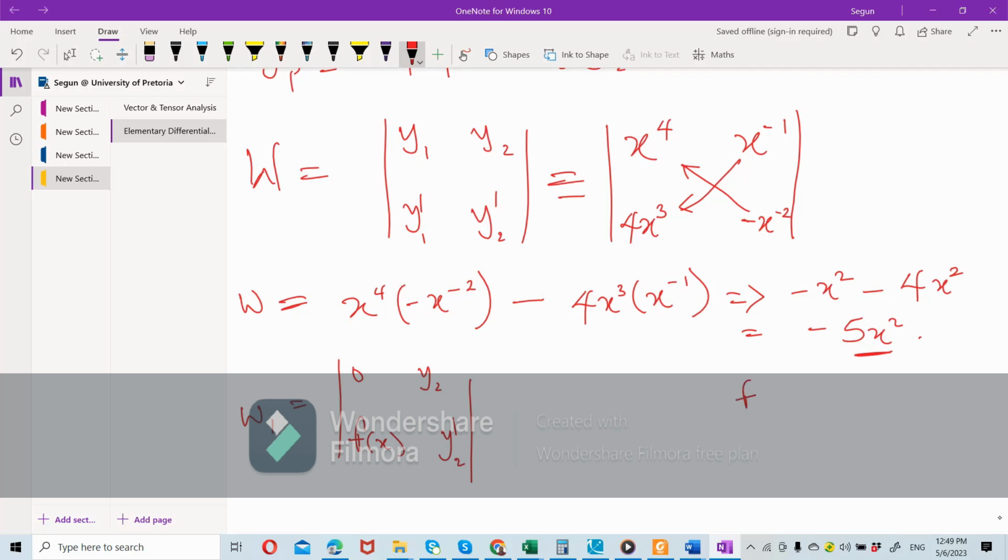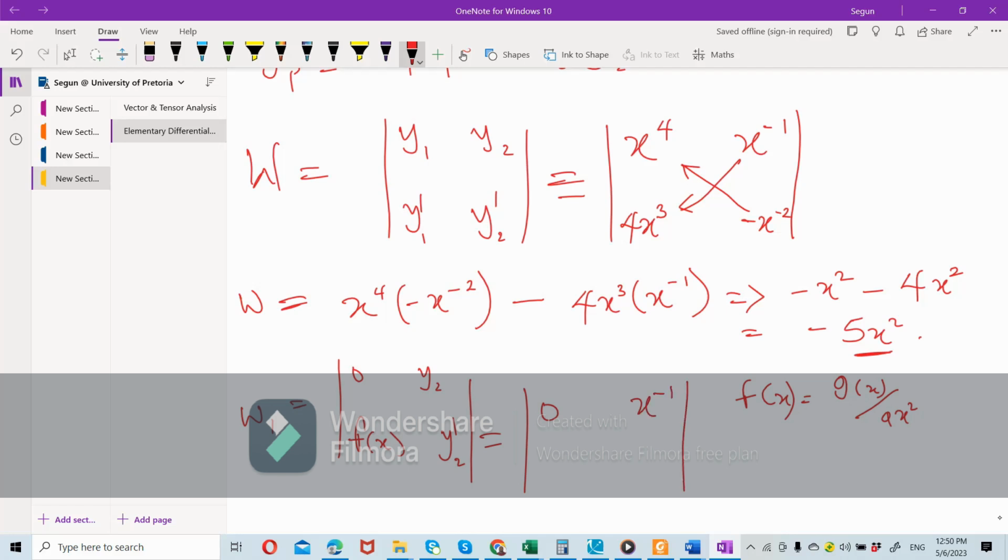Our f of x is the same thing as g of x over ax squared. Don't forget that. So in this case, we have 0. What is y2? X minus 1.